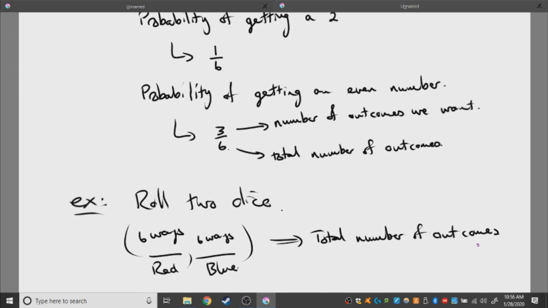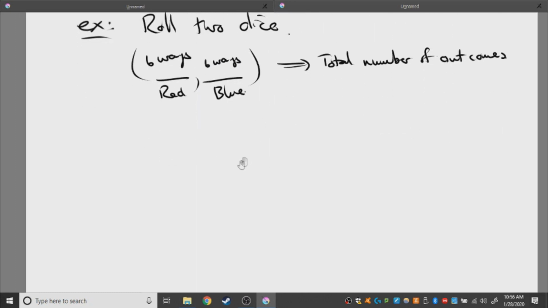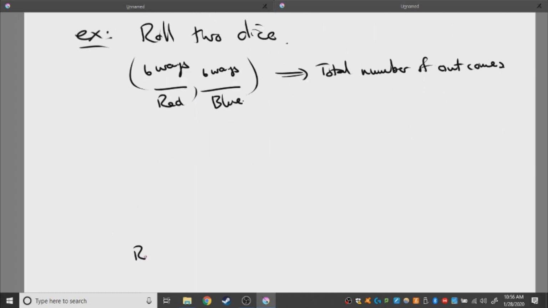Not 12, it's 36, it's multiplicative. Because if you think of the red sort of happening first, let's pretend we're rolling them one at a time, I have 6 possibilities, 1, 2, 3, 4, 5, and 6. For each one of those, it could be linked with 6 possibilities in the blue. So I have 6 groups of 6, which means multiplication.